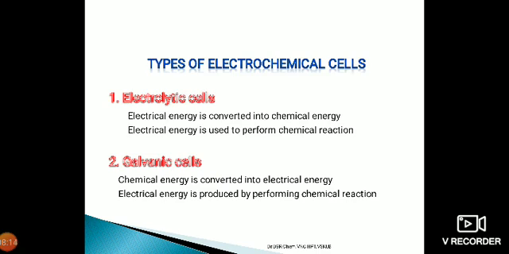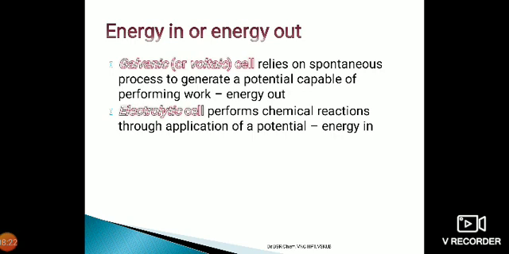Whereas in galvanic cells, chemical energy is converted into electrical energy, and electrical energy is produced by performing a chemical reaction. In galvanic cells, energy is out, that means energy has been produced. Whereas in an electrolytic cell, energy has been utilized, electricity has been utilized. On that basis, we can say that in a galvanic cell, energy is out, whereas in an electrolytic cell, energy is in.